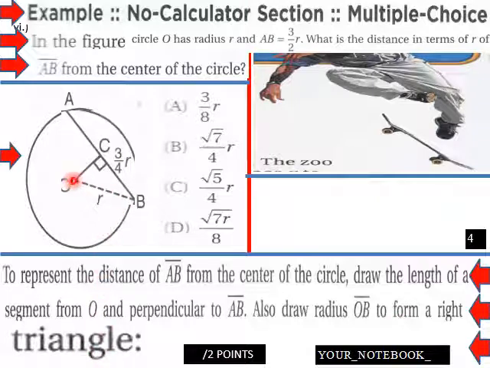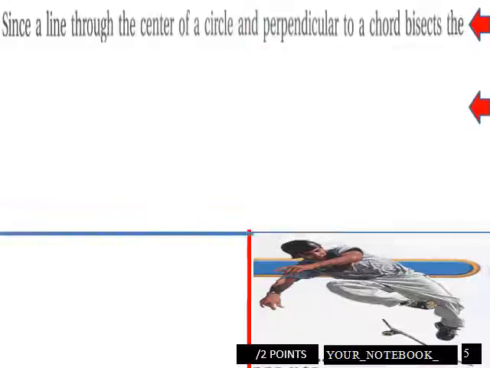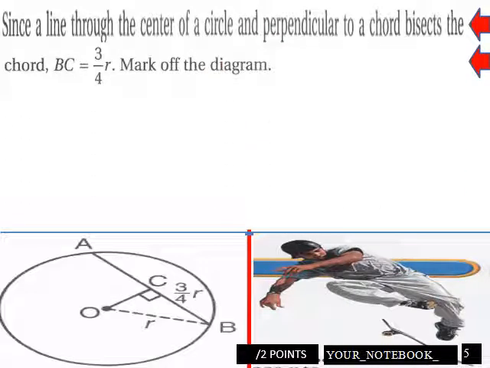Here is our right triangle, and this is our radius r from O to B. Since a line through the center of the circle and perpendicular to a chord bisects the chord, BC equals 3/4 r.